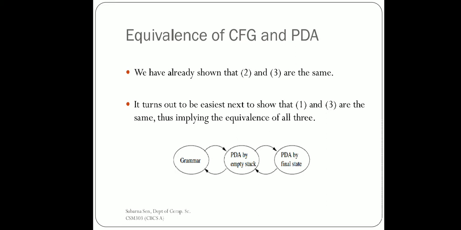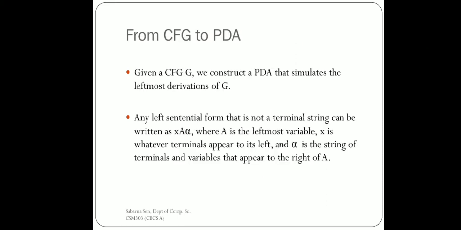From the concept of CFG we will move to the concept of language being accepted by the final state of a PDA, and we will show the reverse process, that whenever a language is accepted by a PDA, it is also a context free grammar. Now let us begin.